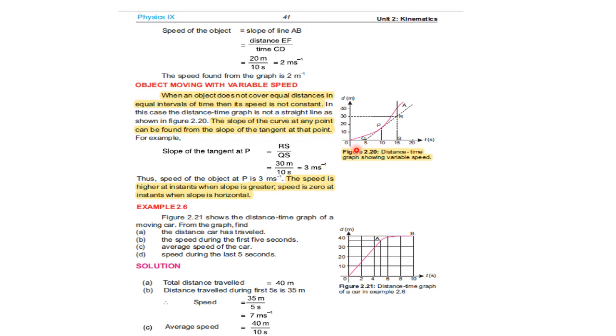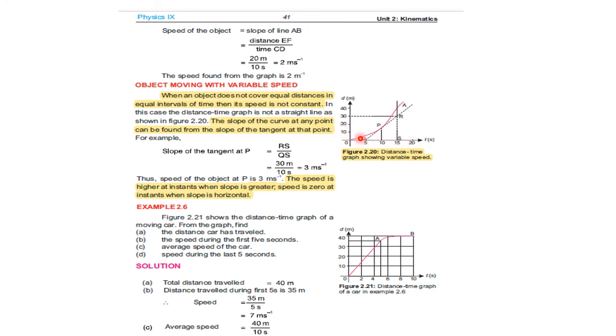If you look at this graph, you can easily understand these lines. Obviously the speed is higher at instants when the slope is greater. When the slope is greater, obviously the body has covered more distance, so its speed is also greater. But when the speed is 0, the slope is horizontal. When the slope is horizontal, it means it has covered no distance.